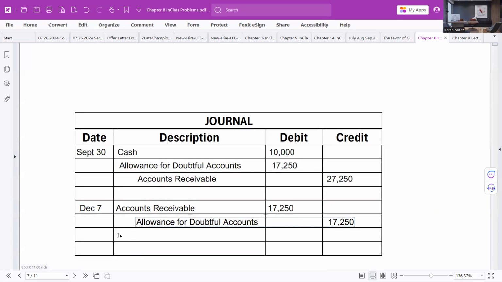And show the collection now. We're going to collect on that account receivable. We've got the cash. Debit cash for 17,250. And credit account receivable. Remove that account receivable.